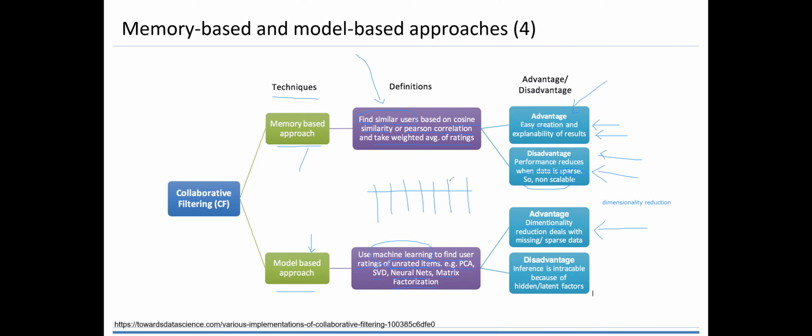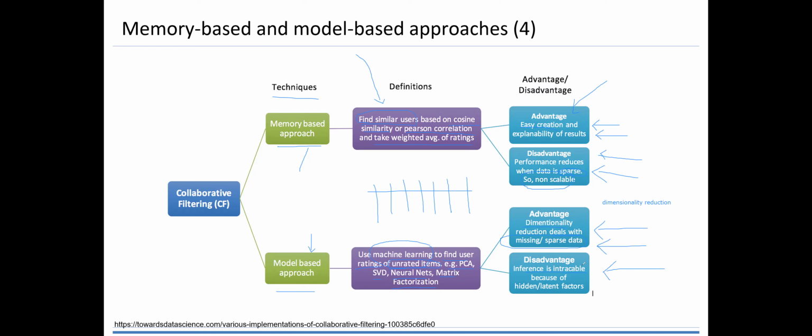So we want to reduce the dimension, and it deals with missing or sparse data. So if there is a lot of missing data, a lot of sparse data, we can reduce it with dimension reduction. And the disadvantage is the inverse is intractable.